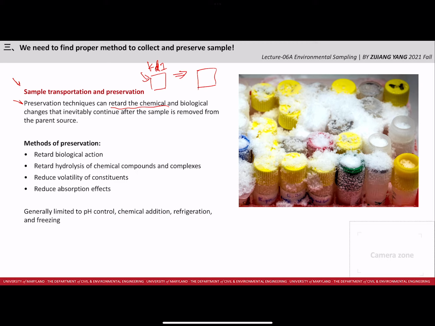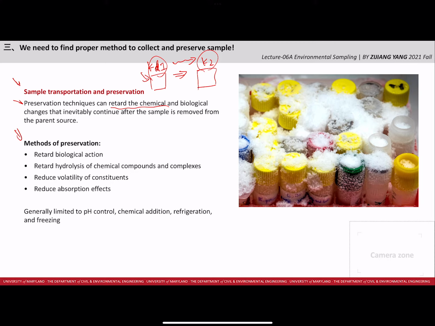But if we take the sample, the equilibrium will change, gradually from one equilibrium state to another. Because of this change, the chemical compositions or the microbial content will also change, so the sample will not be representative. Generally, we want to prevent this from happening.